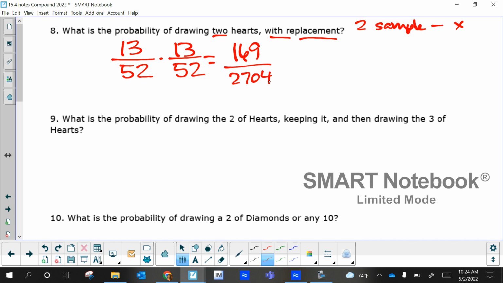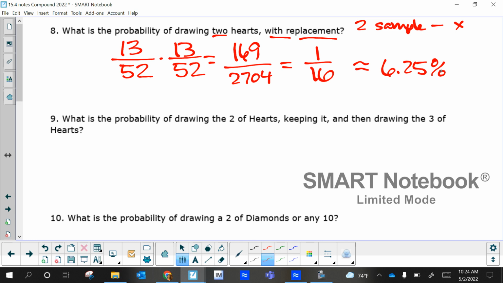Let's see if that divides into that. It does. So I have a 1 in 16 chance. So let's see what that looks like percentage-wise. That's about a 6.25% chance I have of drawing a heart and then another heart.